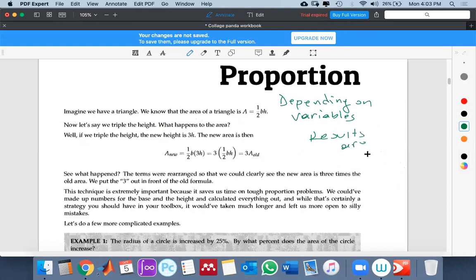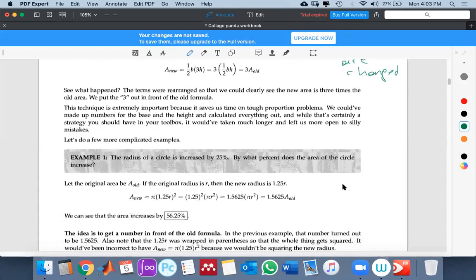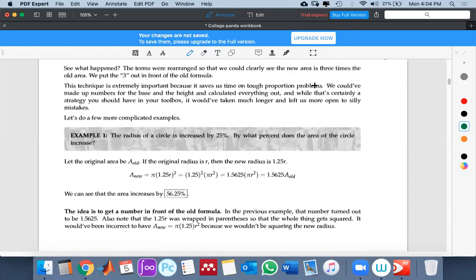The constants, they don't make any difference. But the variables change the overall area, volume, length, whatever you are talking about. So let's go back directly to one example. Explanation, no need to read.